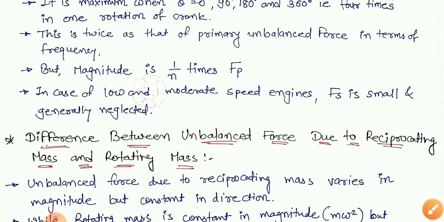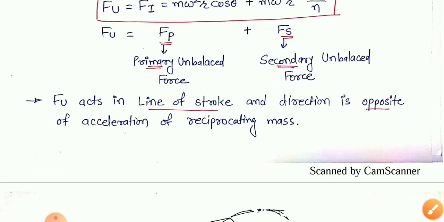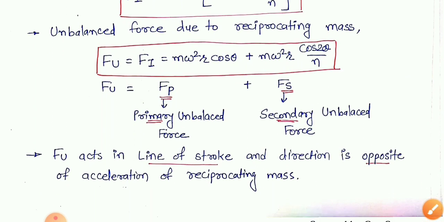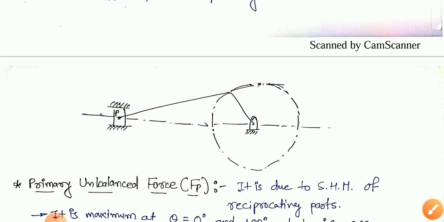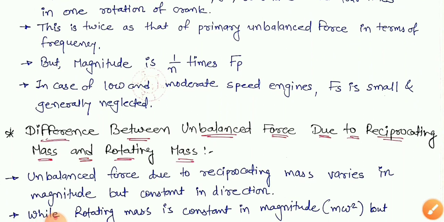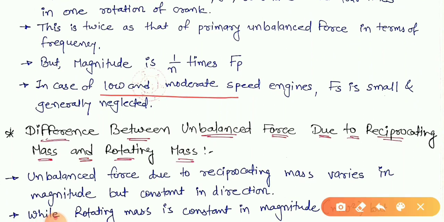As we can see in the equation, the magnitude is 1 by n times the primary unbalanced force, and its frequency is twice that of the primary. Now in case of low and moderate speed, this can be neglected as it is very small. The secondary unbalanced force is small, so we can generally neglect it.